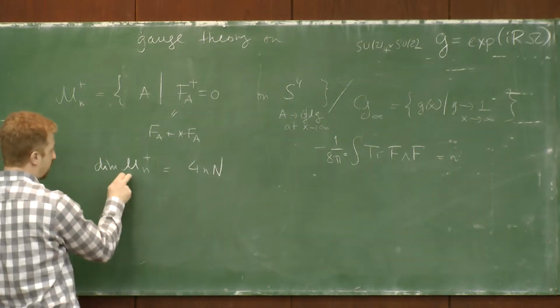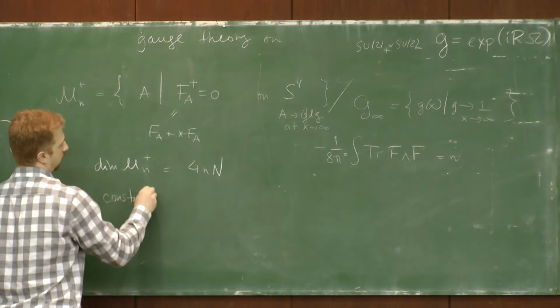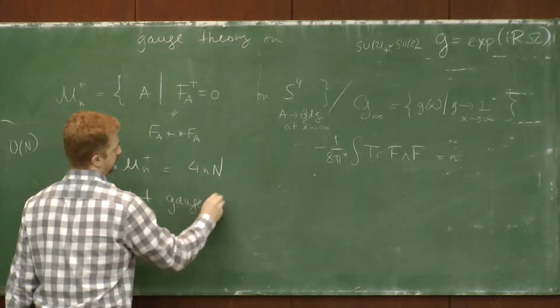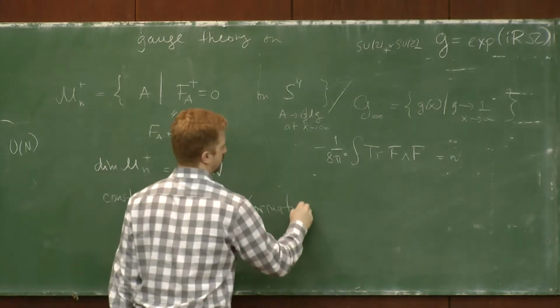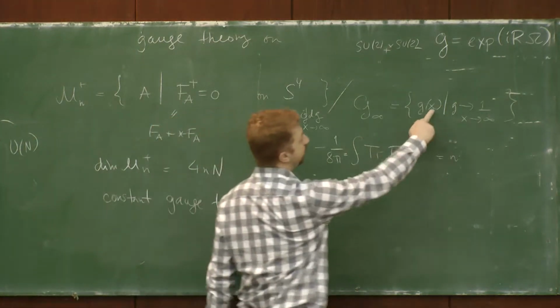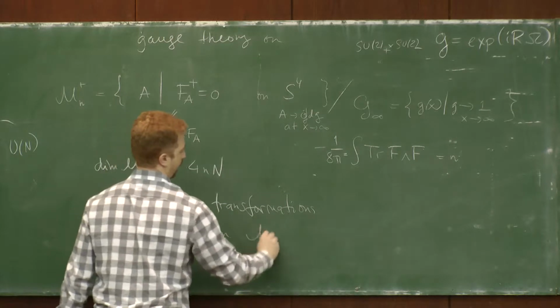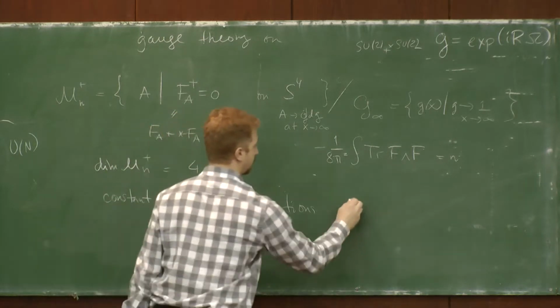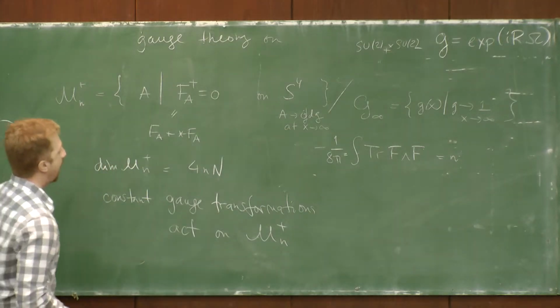Now, on this space, the group of constant gauge transformations, the ones which we did not divide by, they still act. So they form the group U(N), our gauge group.